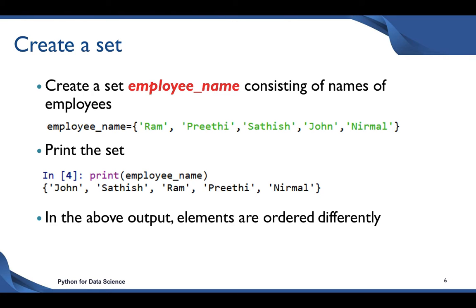For example, I create a set of employee names: Ram, Preeti, Satish, John and Nirmal. If I print this set, no particular order is there. I created it in a specific order, with Preeti after Ram, then Satish, John and Nirmal. Now John is at first position instead of fourth, and Satish is at second position instead of third. So they are ordered differently. This we need to keep in mind.